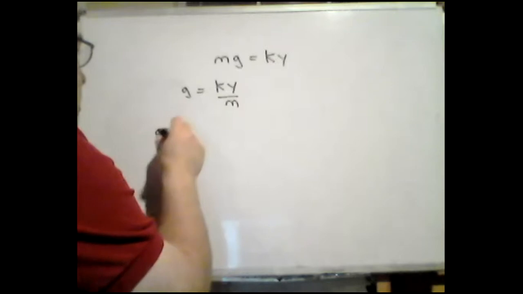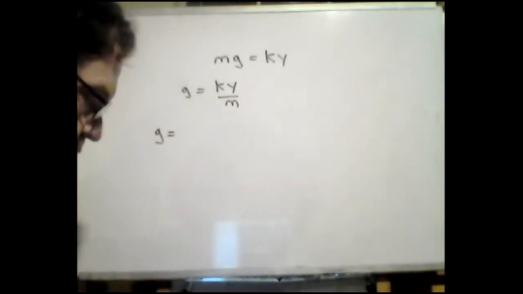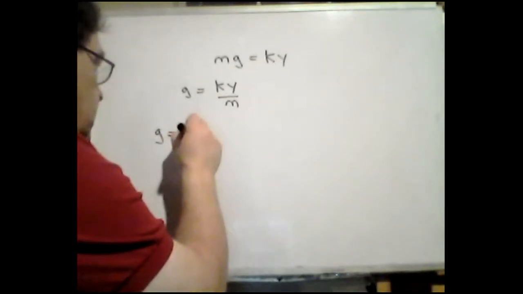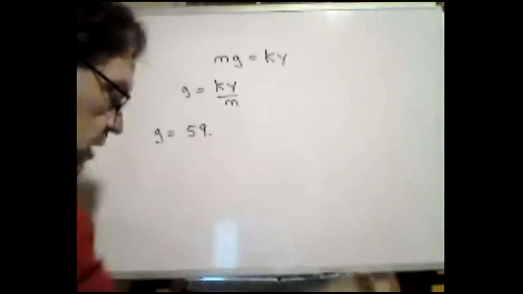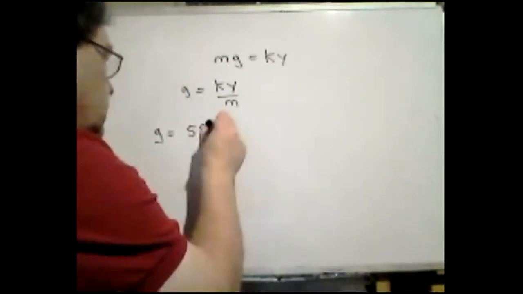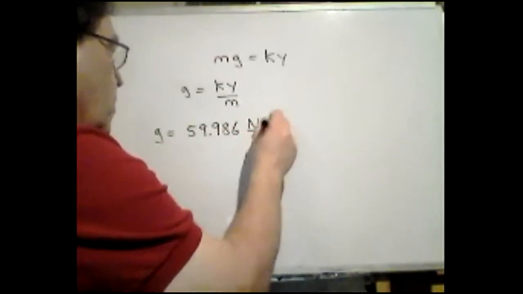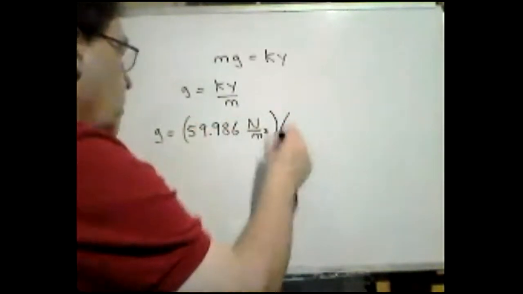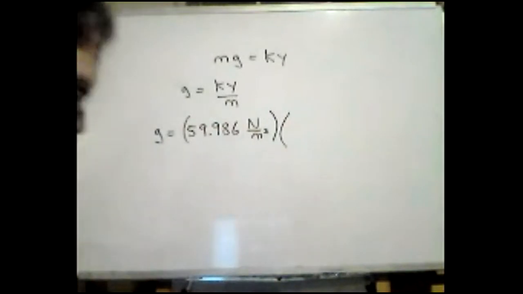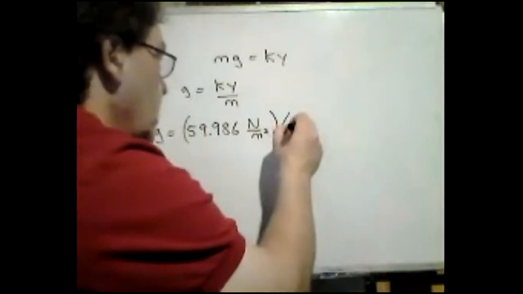K, well, I know about my spring. I did earlier experiments to find that it has a spring constant of 59.986 newtons per meter. And I just did the experiment in front of you. We noticed that the displacement was 33 millimeters.